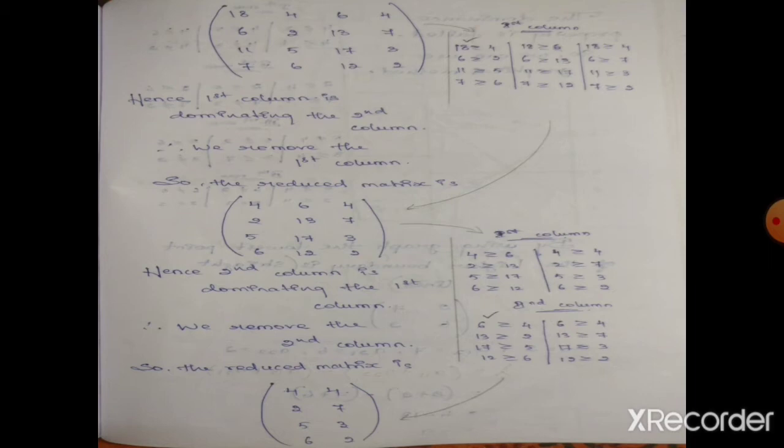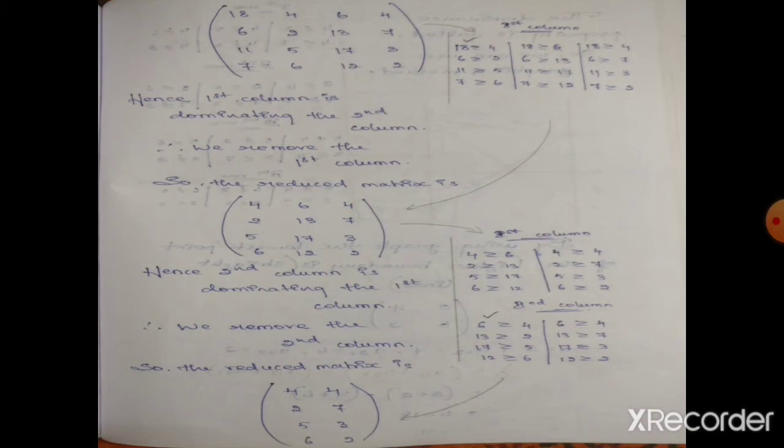For here the first itself will be satisfied because 18 is greater than or equal to 4, 6 is greater than or equal to 2, 11 is greater than or equal to 5, 7 is greater than or equal to 6. So the first column is dominating the second column. So the first column elements will be removed. Now the reduced matrix is 4, 6, 4, 2, 13, 7, 5, 17, 3, 6, 12, 2.